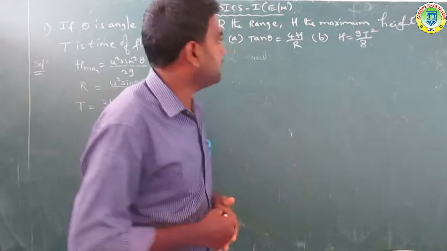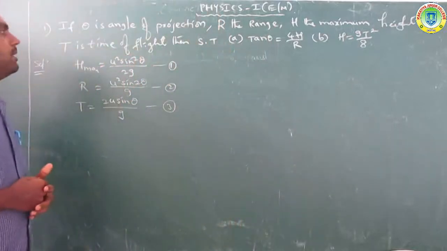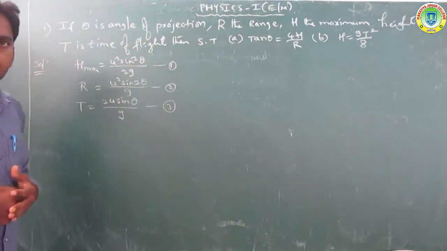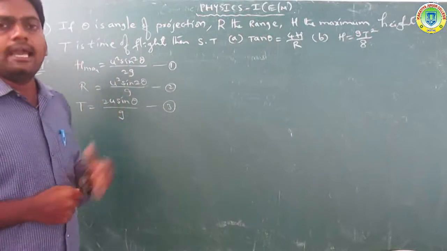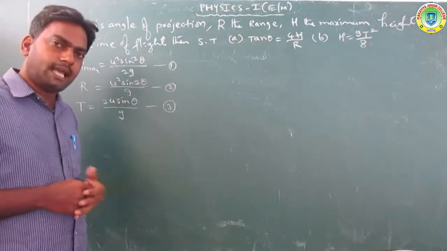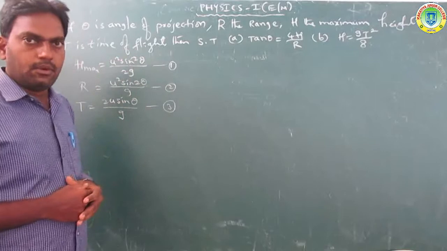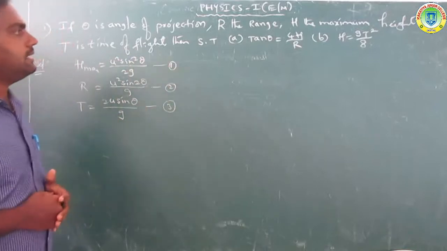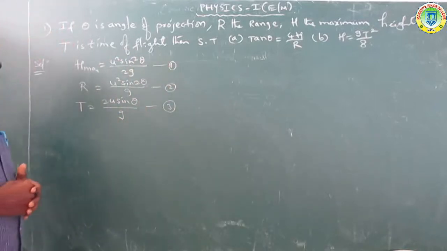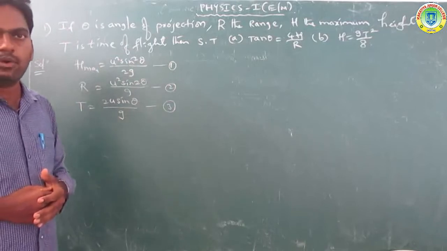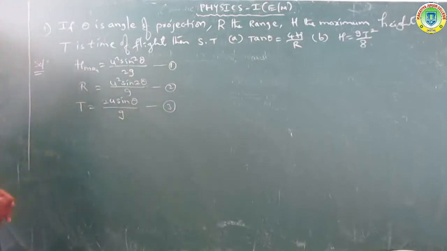So theta is the angle, R is the range, h is the maximum height, and T is the time of flight. Now we already know some formulas.